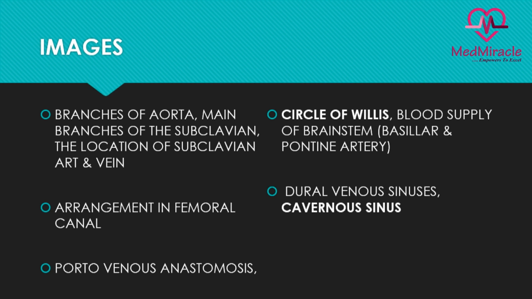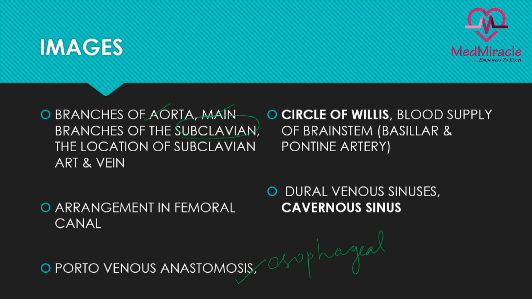So whatever was asked theoretically earlier is now being asked in form of some or the other kind of image. Again, the branches of aorta, the main branches of the subclavian, the main branches of axillary arteries, all these should be known.